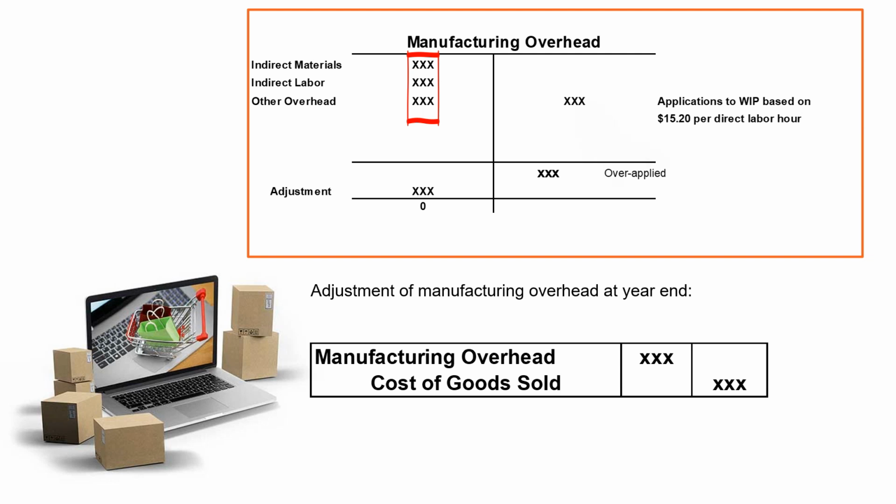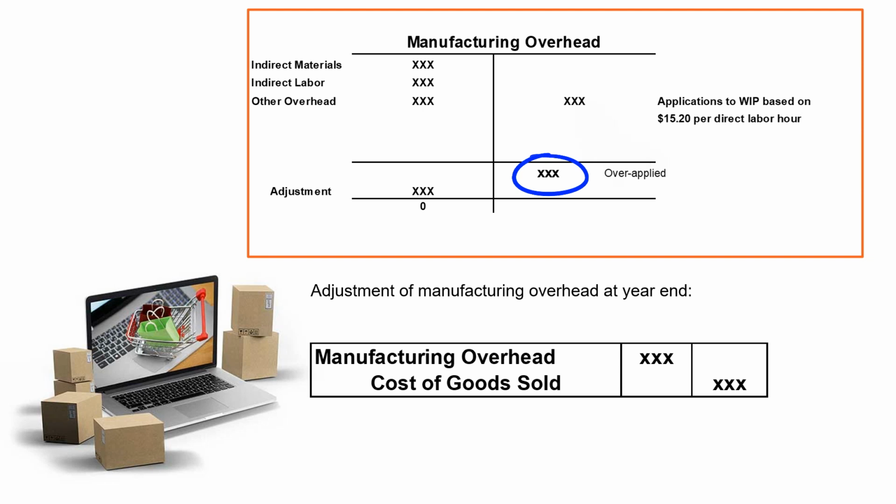This might have happened because our actual manufacturing overhead costs turned out to be less than what we had budgeted in the determination of our predetermined overhead rate. But whatever the reason, we have credited manufacturing overhead for more than we've had in debits to actual costs, leaving us with a credit balance in this manufacturing overhead account at the end of the period.